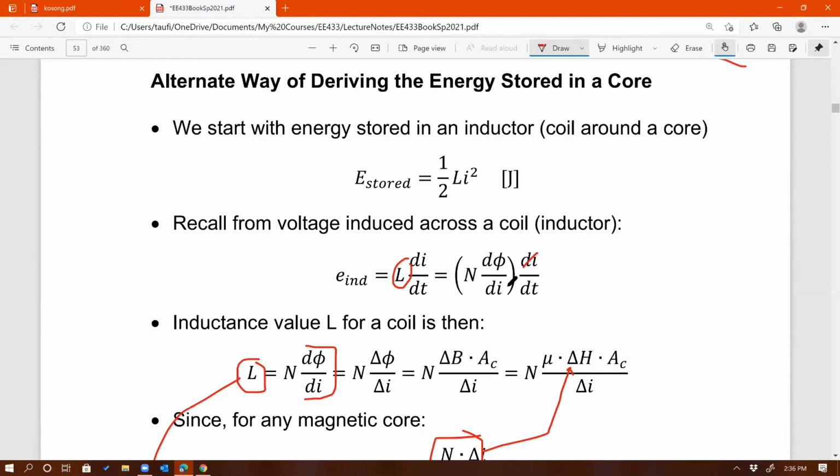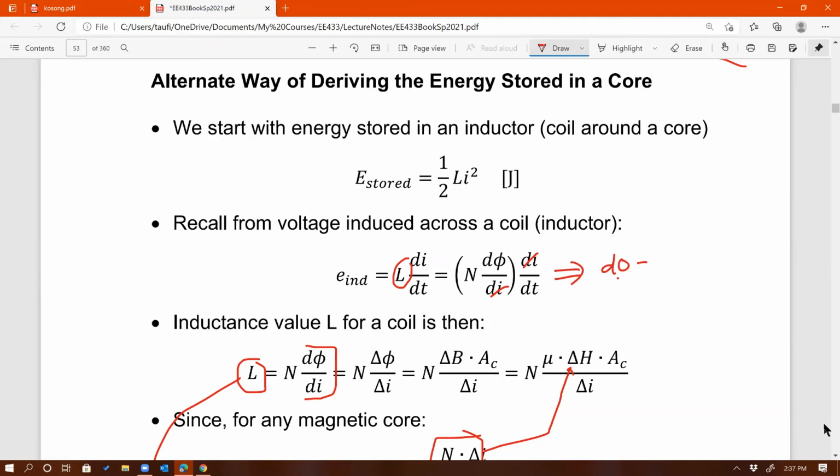If you cancel the dt, you can see that the voltage induced is equal to n, the number of turns, times the derivative with respect to time of the flux. So if you move the dt to the left-hand side of the equation, and then n, then you get this.